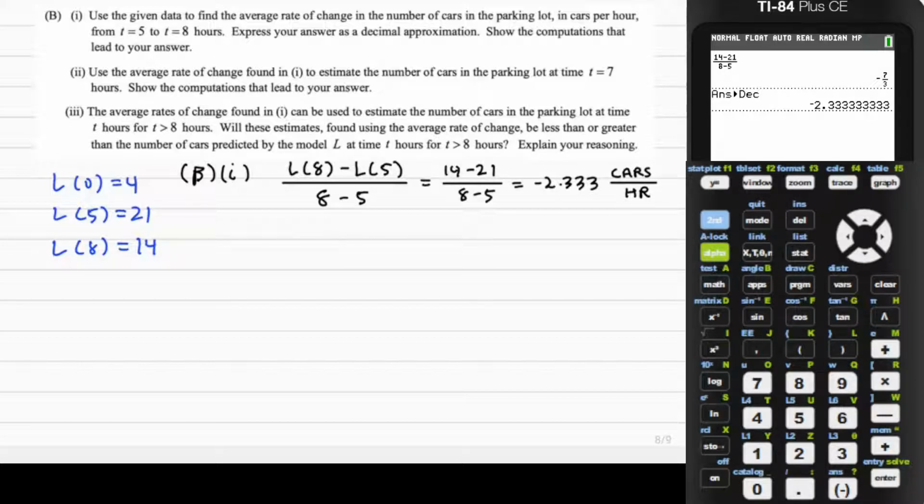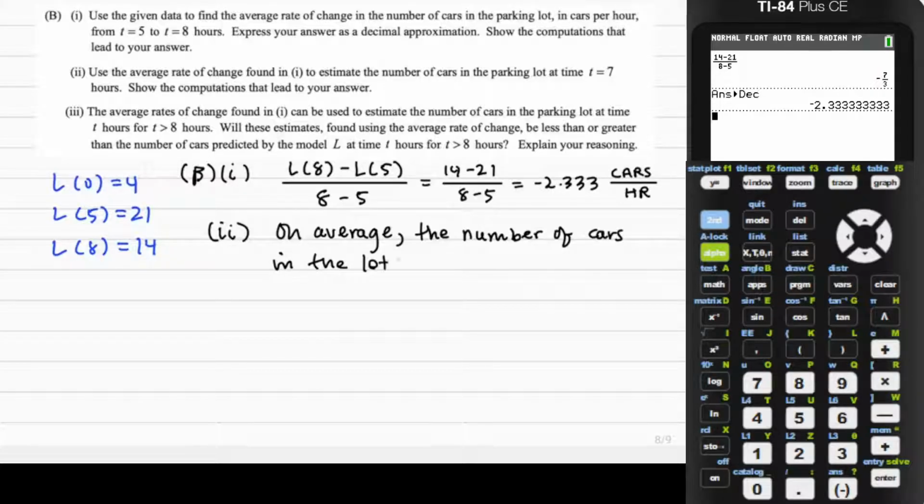All right, I've got a negative average rate of change, so that means that my function is decreasing. So when I go to do part 2, I would say on average, because it's an average rate of change, what does L represent? The number of cars in the lot. Okay, I've got a negative rate of change. You could say it is changing by -2.333 cars per hour. We can say it's decreasing by 2.333 cars per hour.